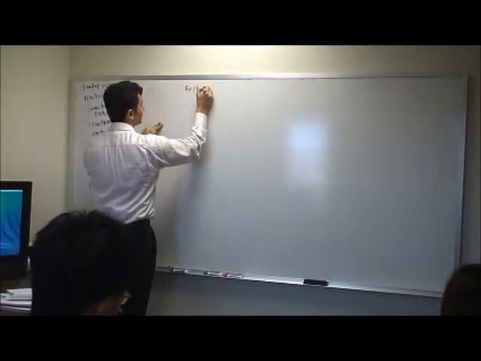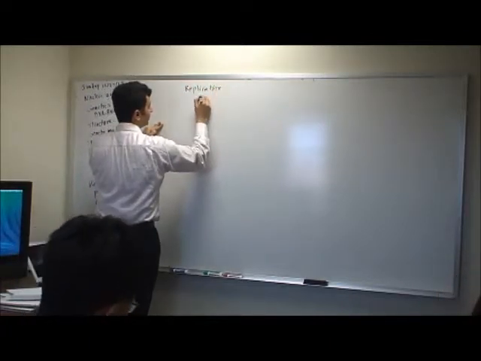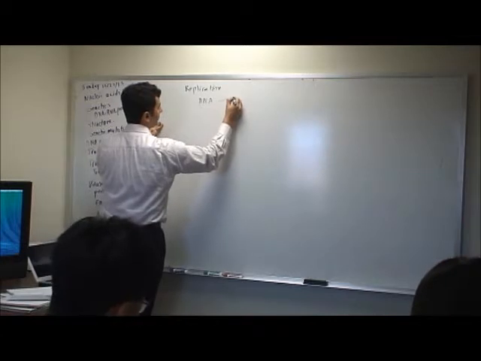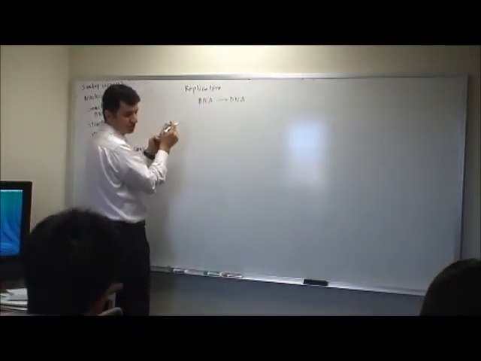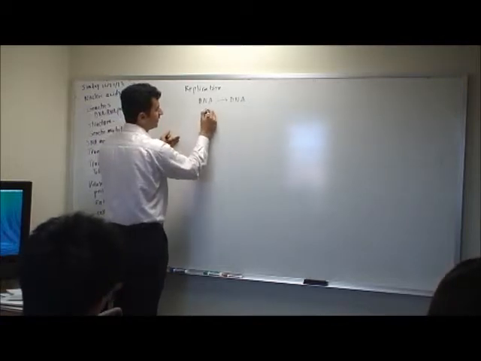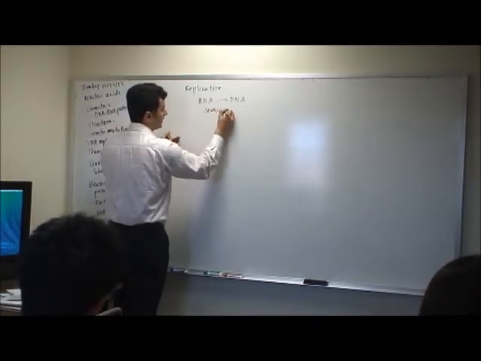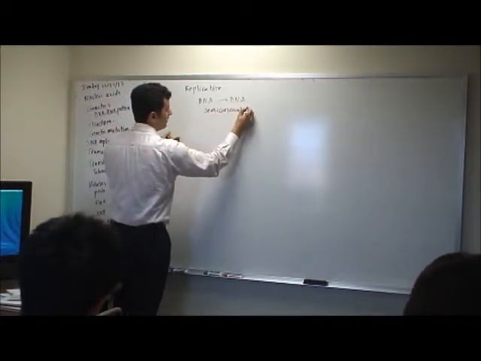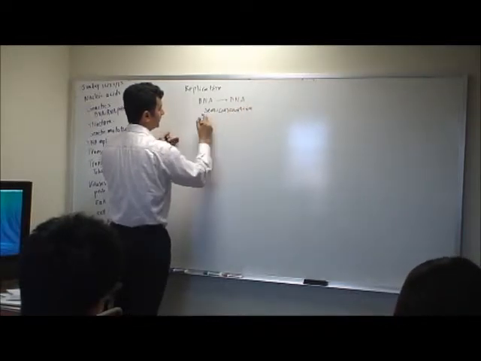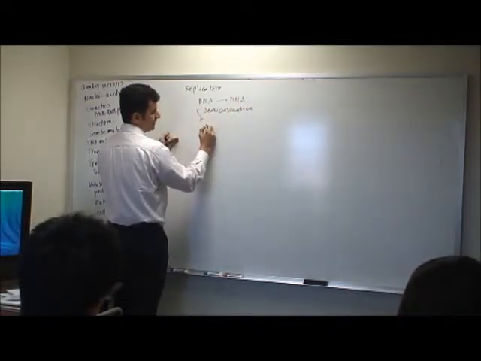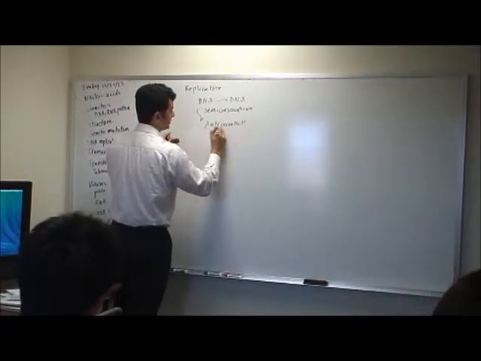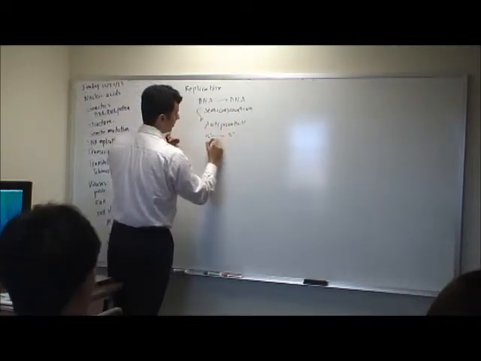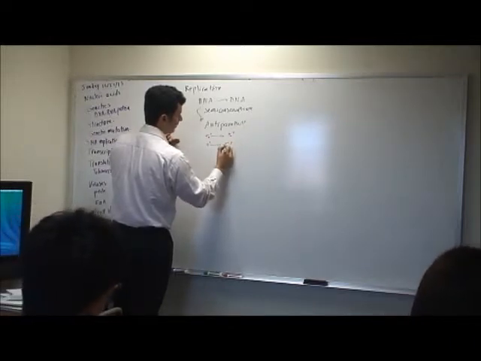Replication. You go from DNA to a DNA. Semi-conservative, dispersive, or conservative? Semi-conservative. Is DNA parallel or anti-parallel? DNA is anti-parallel, right? 5' goes to 3', 3' goes to 5'.